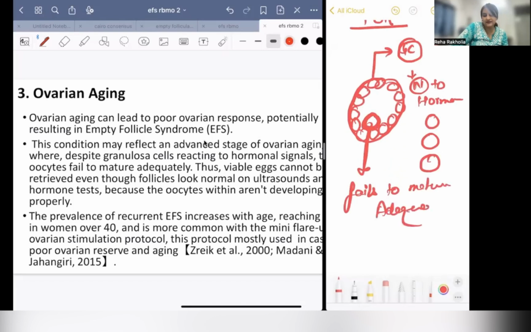We will see on ultrasound that the follicle is developing nicely, and the granulosa cell is responding to the hormone normally, but the oocyte fails to mature adequately in ovarian aging.